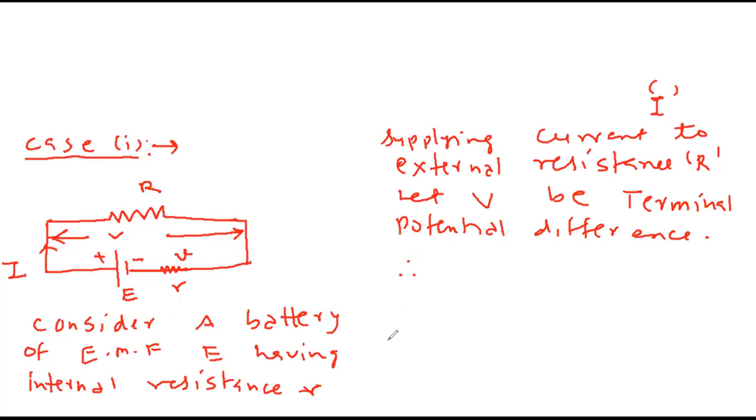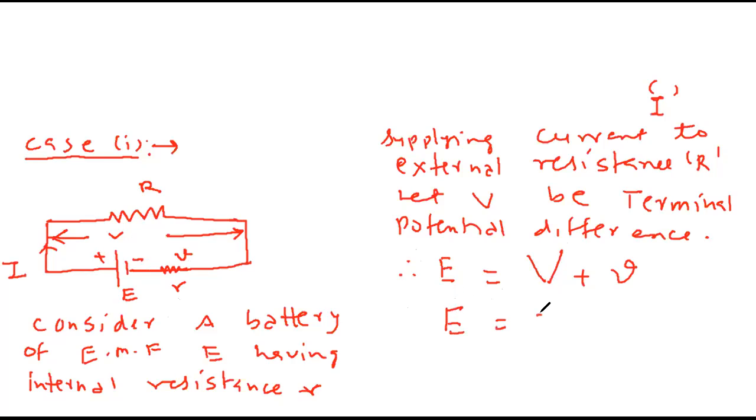So can I say the battery is giving voltage to the external plus taking internal also, small v? This line followed? Total battery voltage is given to external plus internal. Okay.